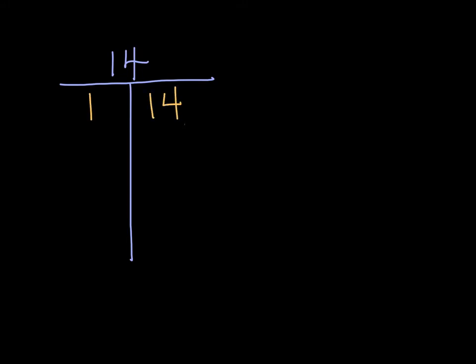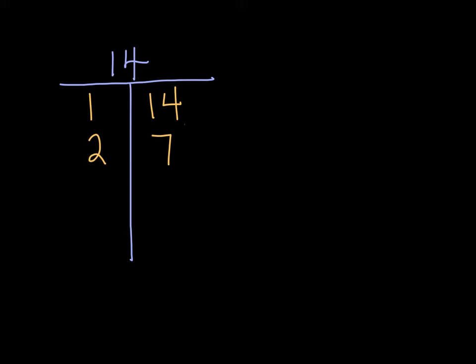So let's look at the number 14. So we're going to look for factor pairs for the number 14. So I'm going to make my T-chart, put 14 at the top. And then I'm always going to start with 1. So I know 1 and 14. 2 and 7.